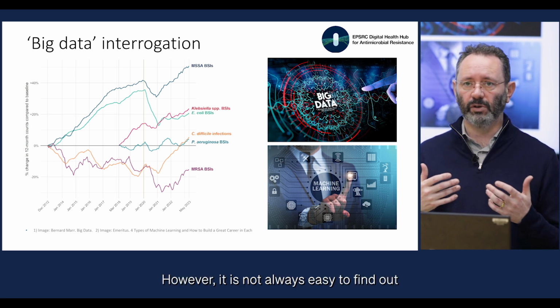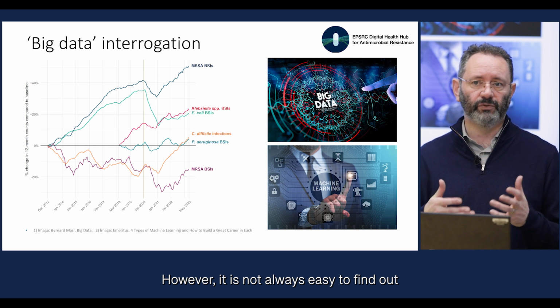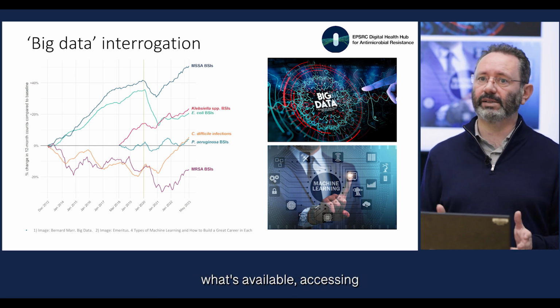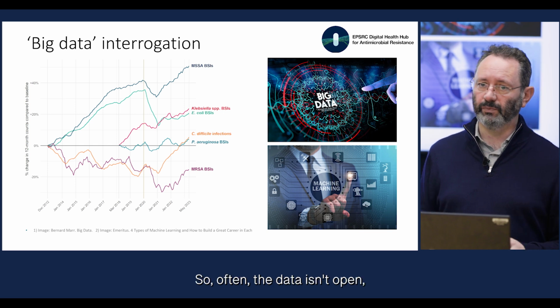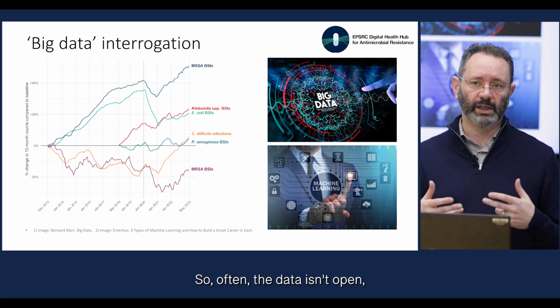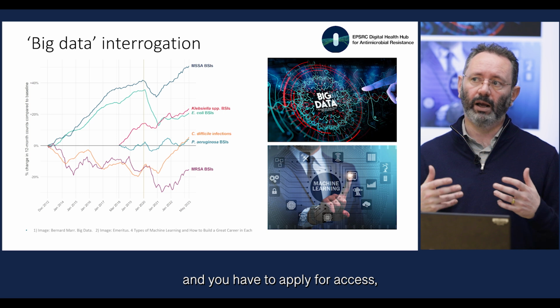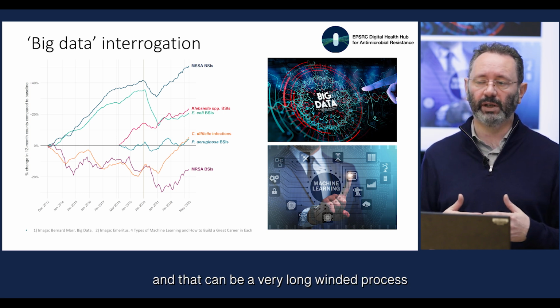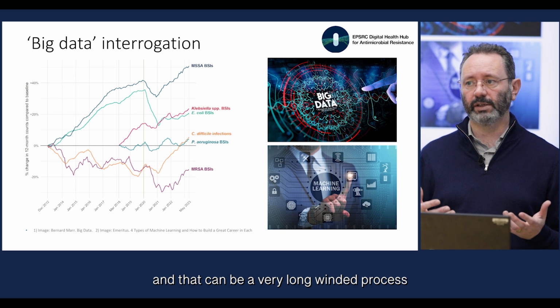However, it is not always easy to find out what's available. And once you have found out what's available, accessing the data can be difficult. Often the data isn't open and you have to apply for access, and that can be a very long-winded process.